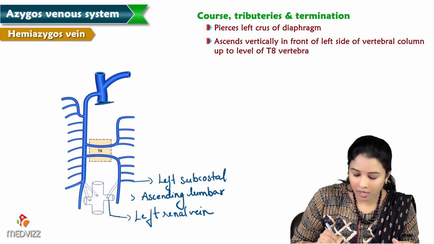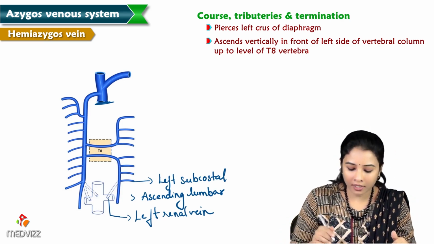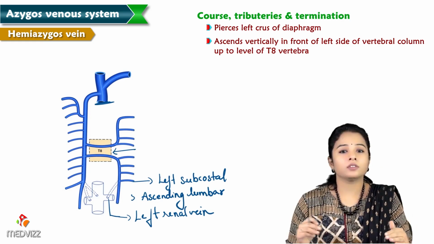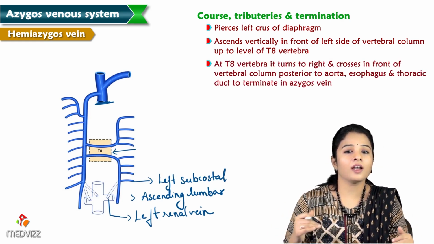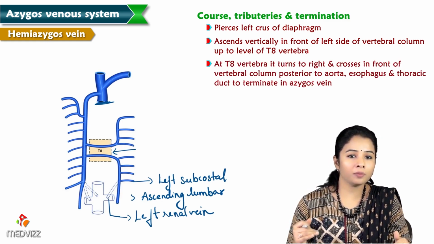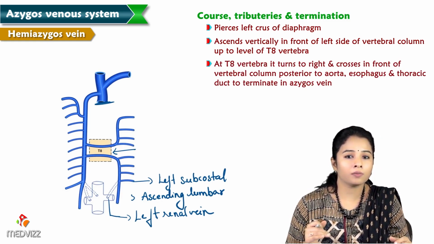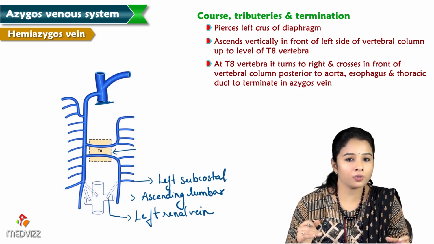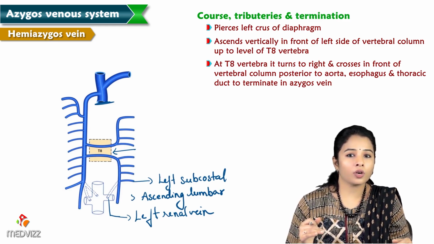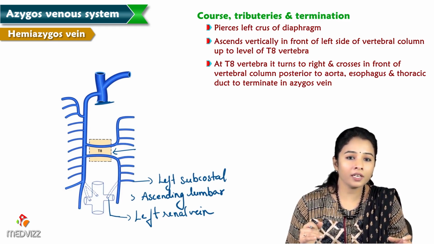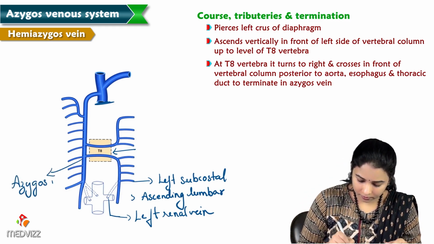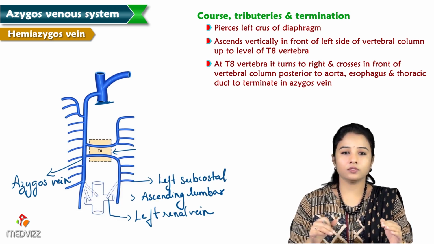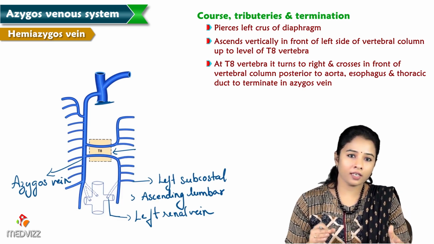At T8 it takes a turn towards the right and crosses in front of the vertebral column, running posterior to the aorta, esophagus and thoracic duct, and terminates in the azygous vein. So that's how it terminates into the azygous vein.